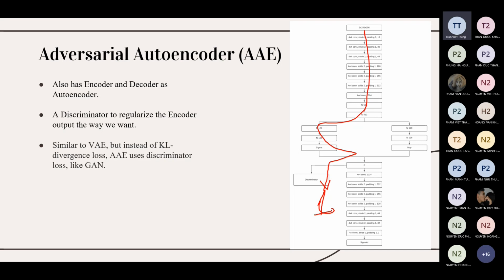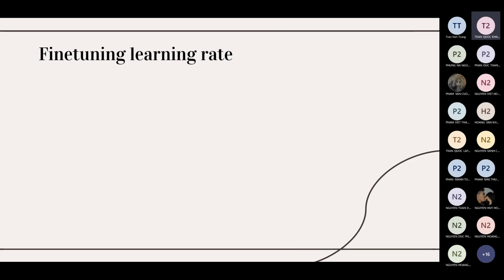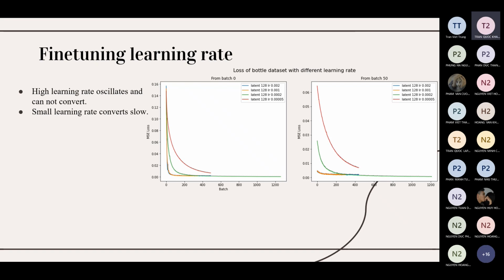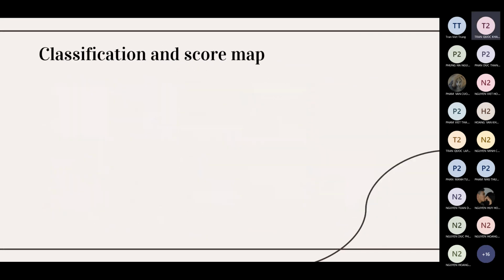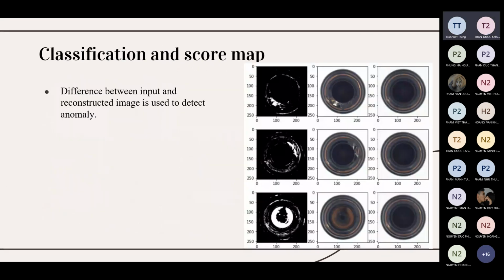So in what situation will the adversarial autoencoder be better than the autoencoder? I think it needs more study for future development. But in our project, we only use the reconstructed image to detect the anomalies. So I think the autoencoder is better.